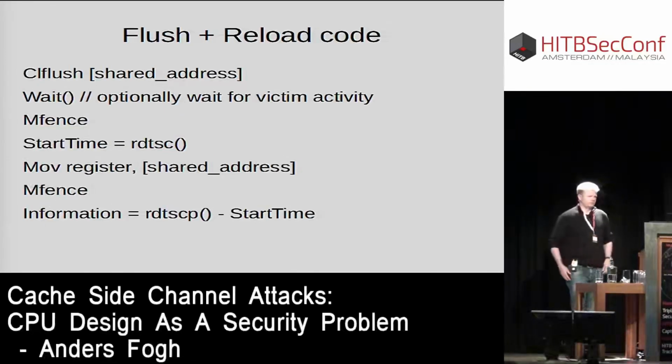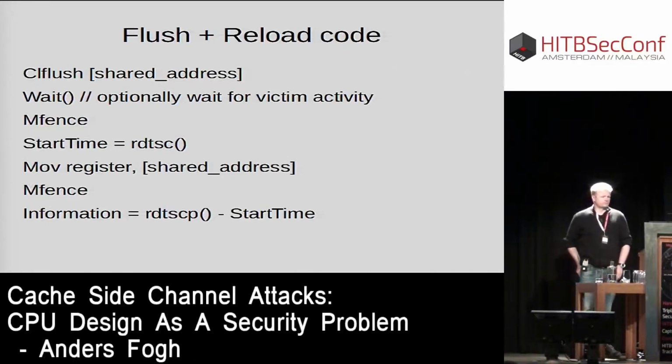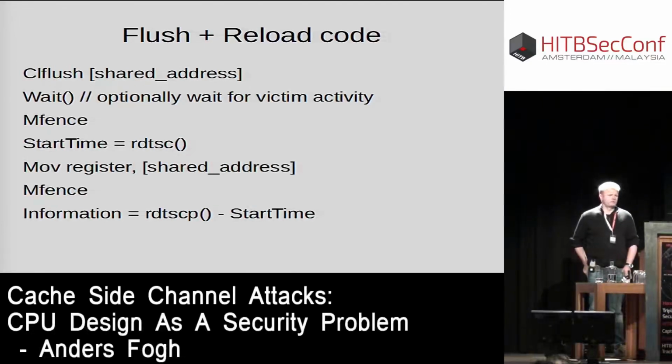Flush and reload here is in pseudo assembler code. First, we manipulate the cache to a known state with a clflush instruction. Then we wait for the victim. I should probably make a comment here on the wait. Say you're trying to spy on a keyboard, there'd be no reason to be fast about it. You could wait a few milliseconds, and nobody actually types that fast.